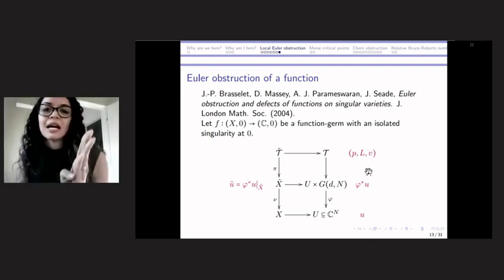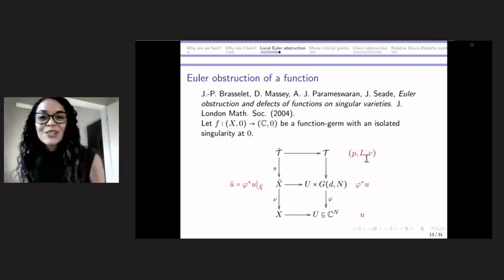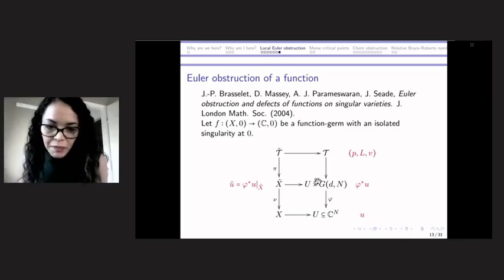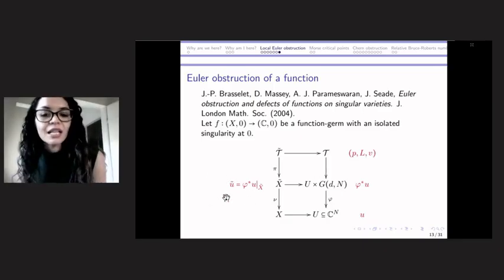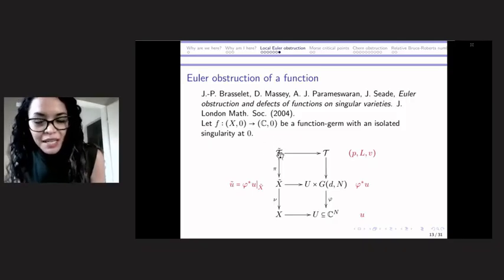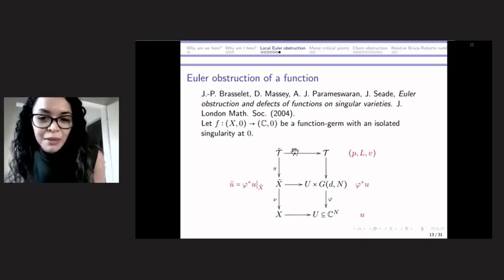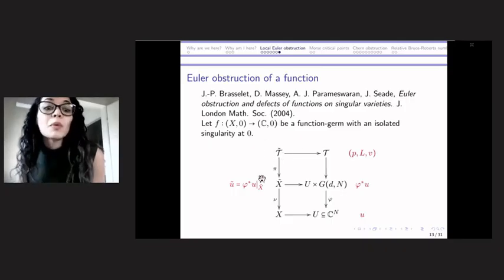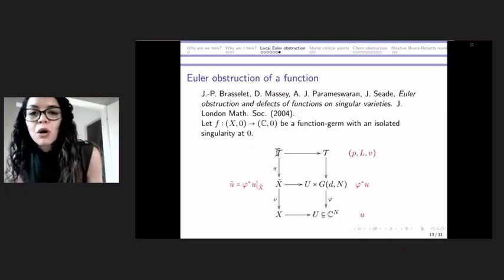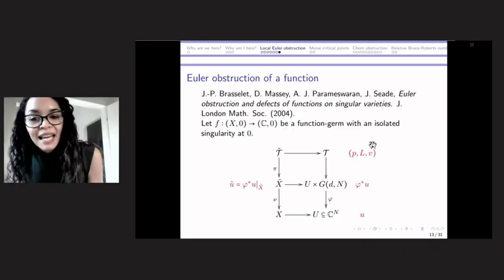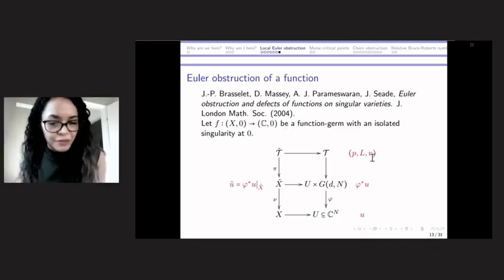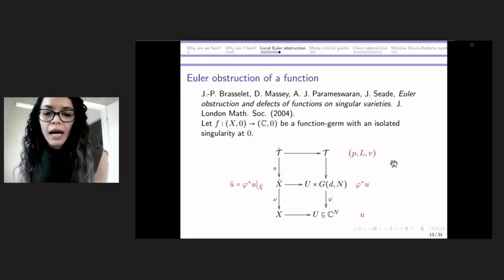We need the point, a d-plane, and a vector. So when we say that this construction defines a section in the Nash bundle, the name of the restriction being the Nash bundle, we mean that we are not taking any vector here. We are taking the vector coming from the vector field. All right? I hope I was clear.